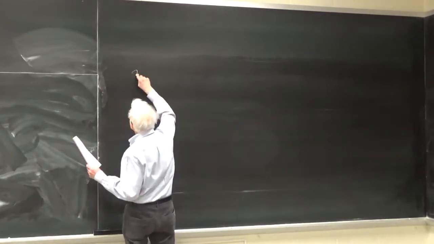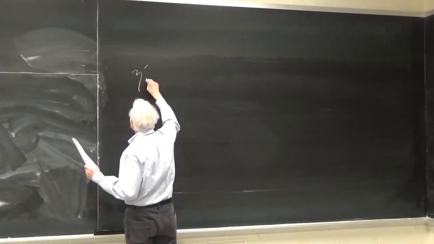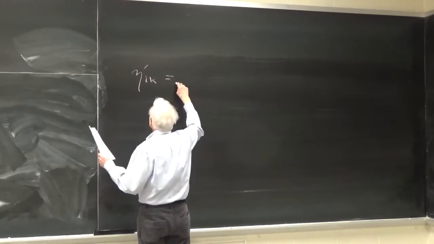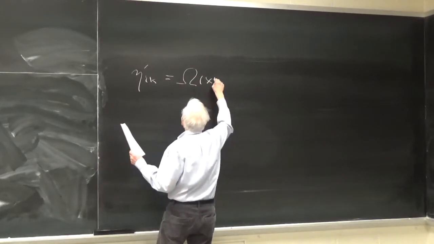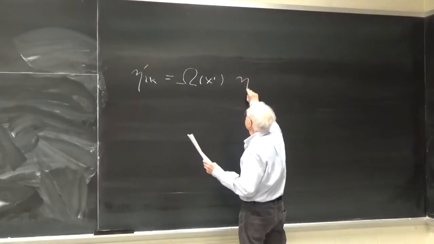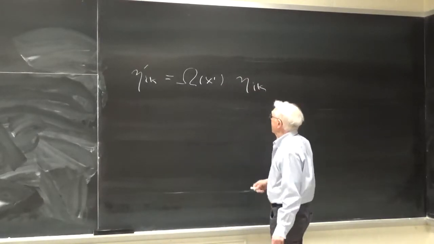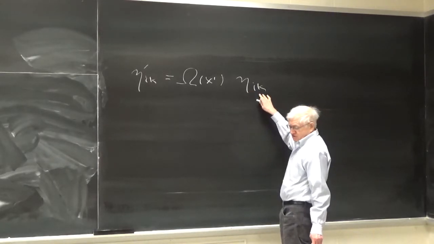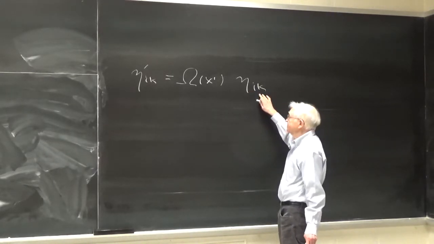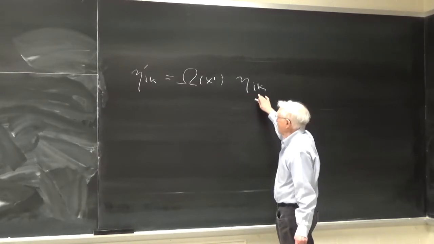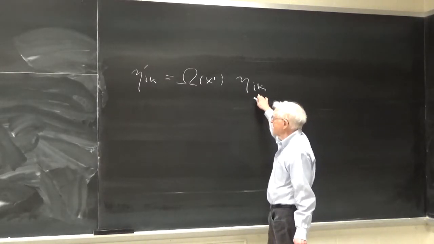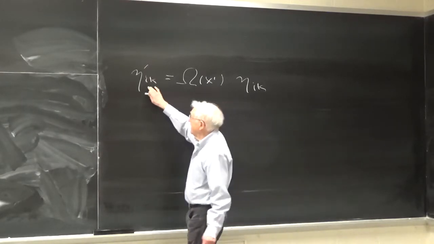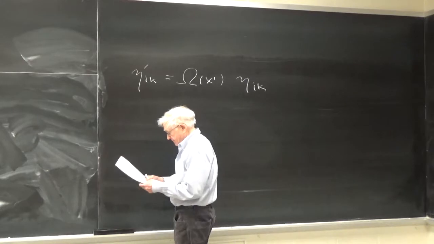And the idea is to get back to the definition of a conformal transformation in flat space. We start out with a metric eta ik, which is either the identity in Euclidean space or it has one or more minus signs in pseudo-Euclidean space. There's a dilation factor, and then that's the new metric.